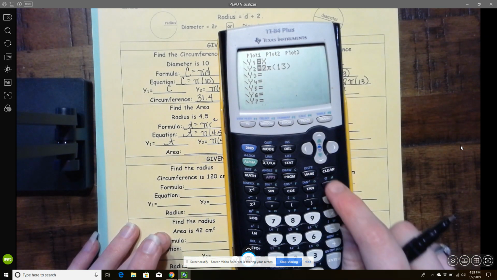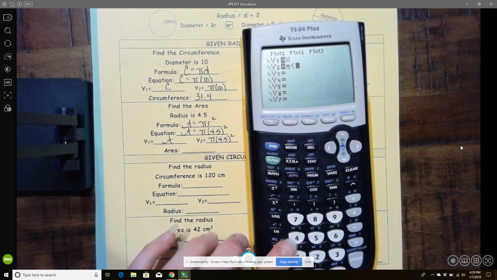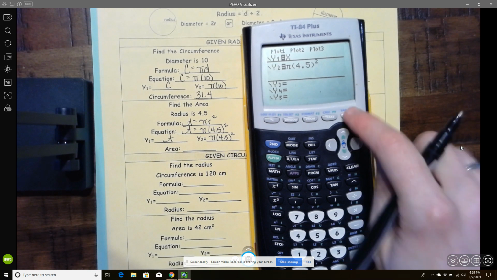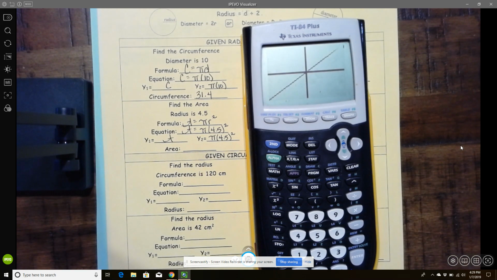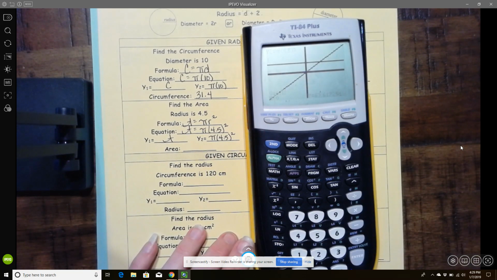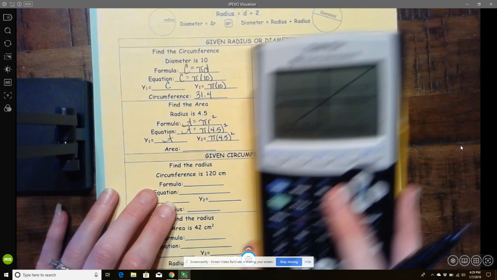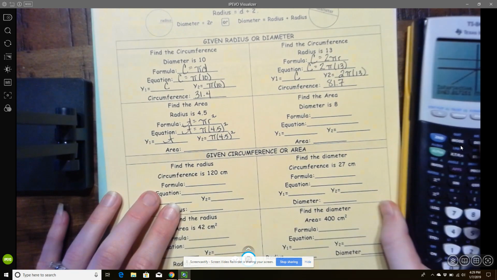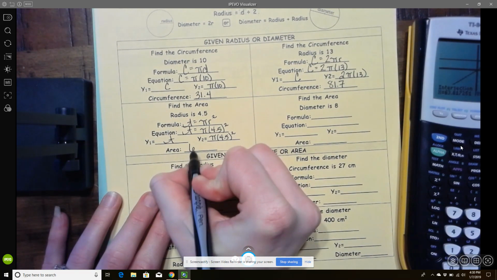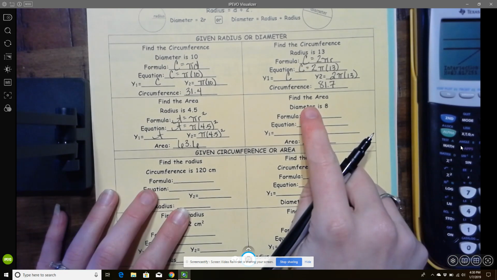And then here, I'm going to put pi and then 4.5 squared. All right. And here I get 63.61, and that would stay 63.6.